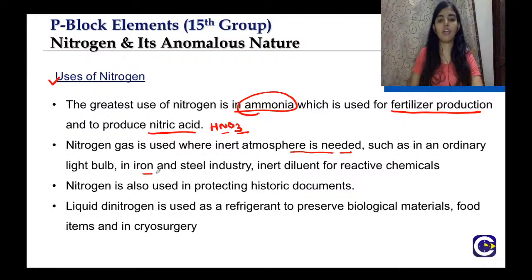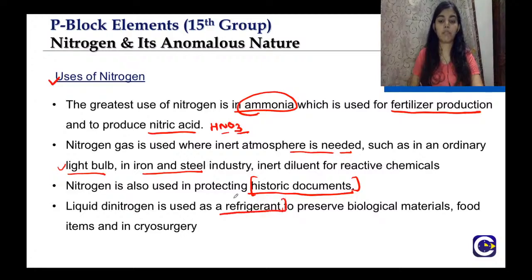Nitrogen is also used in the iron or steel industry, in ordinary light bulbs, and in packets of chips. To prevent rancidity, nitrogen gas is filled in the packets of Lay's, Kurkure and all, right? Nitrogen is also used in protecting historic documents, because it is inert in nature, to prevent the oxidation of papers. Liquid dinitrogen is used as a refrigerant.